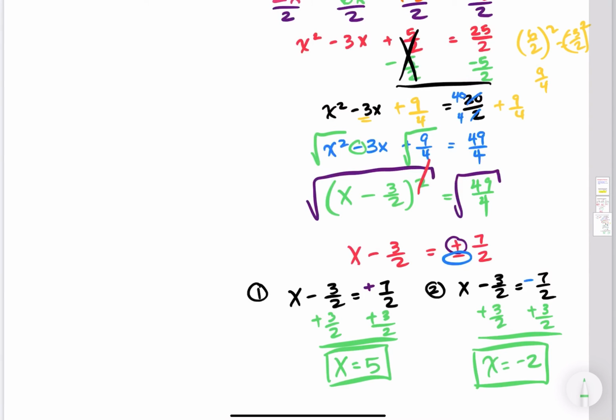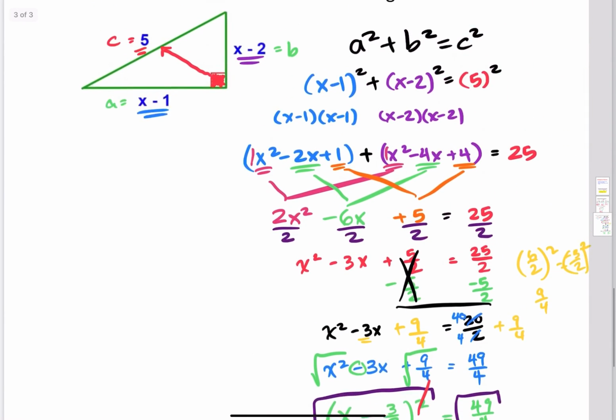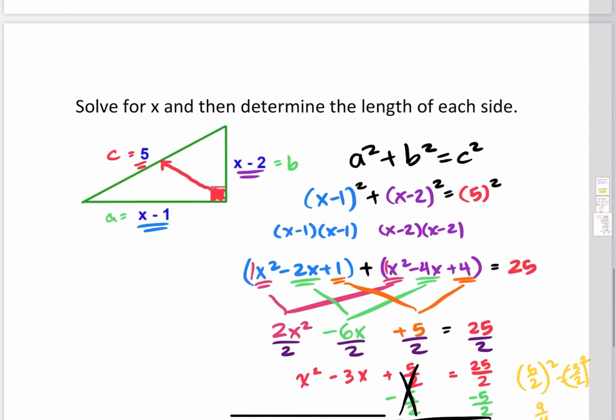If we take a look at our triangle, we want to plug in our values for that x minus 1 and that x minus 2 to find the length of each side. As we said earlier, our possible solutions are x is equal to 5 and x is equal to negative 2.